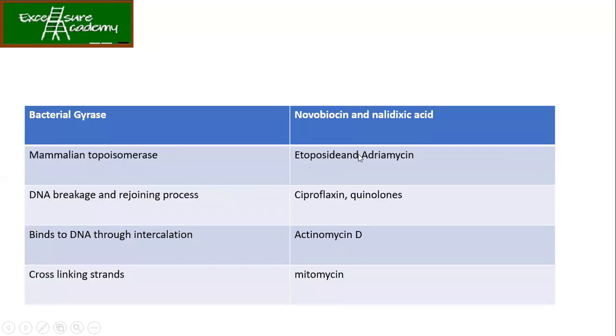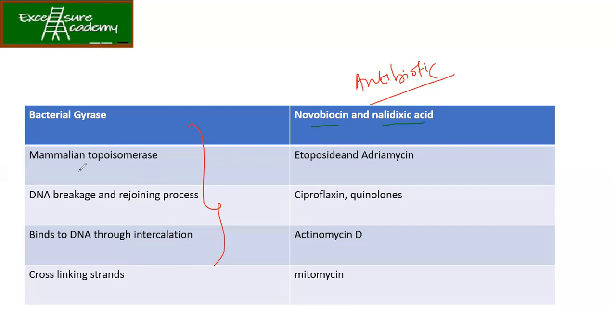Okay, here is also a very important thing. I made a table over here. These are the names of the proteins, and these are the names of the antibiotics, which might be asked in the exam, like what kind of antibiotic or inhibitor is able to inhibit these particular enzymes. For example, in the case of bacterial gyrase, it is novobiocin and nalidixic acid.